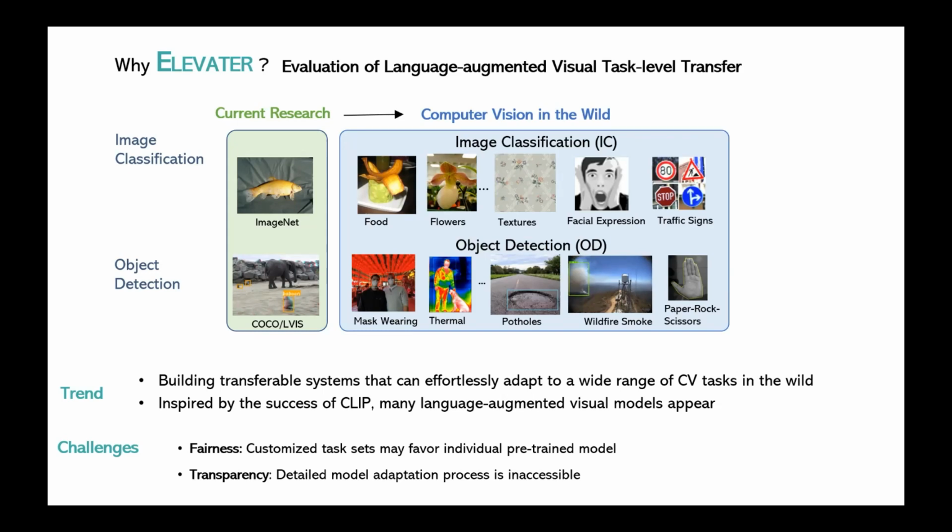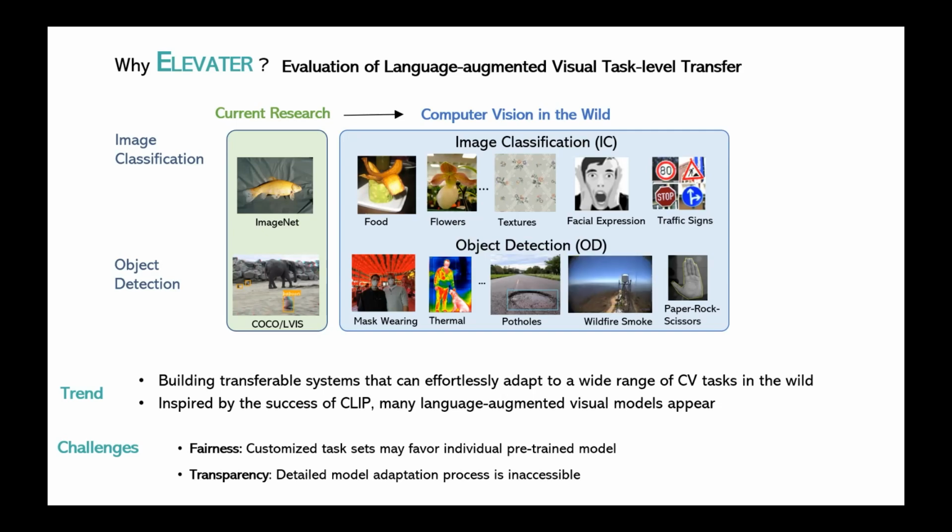With recent language-augmented visual models such as CLIP, we have seen the opportunity to build models that can easily transfer to a lot of downstream computer vision problems. For example, in many of our tutorial sessions today, we have seen models achieving better and better performance. But are we really making solid progress?